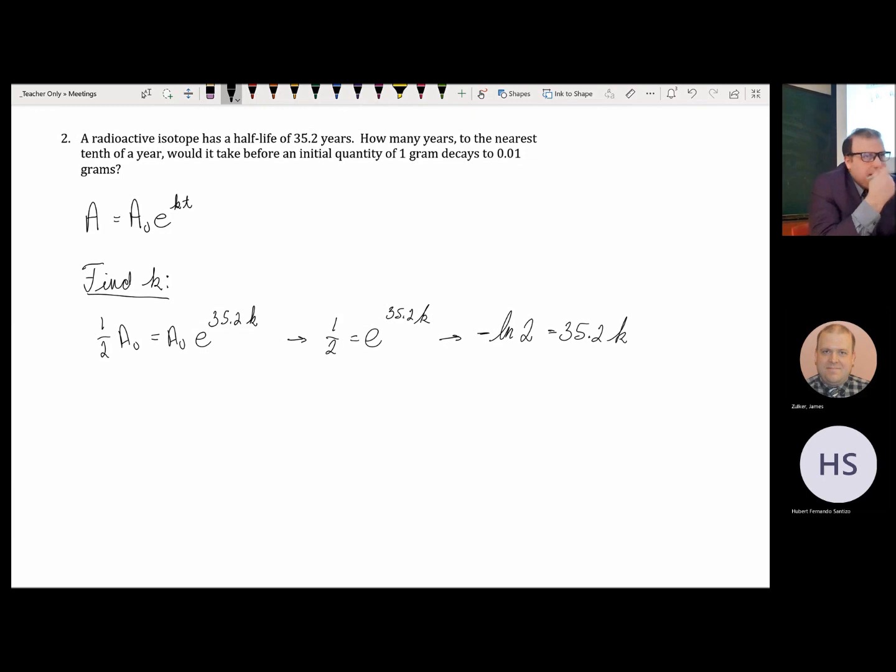Means log of a half, which is negative log 2, is equal to 35.2k, and so we have our k. Negative log 2 divided by 35.2.